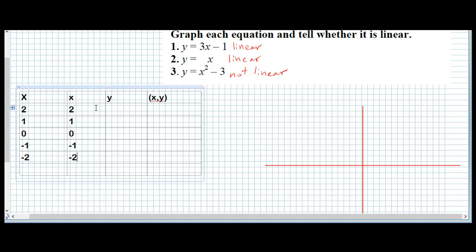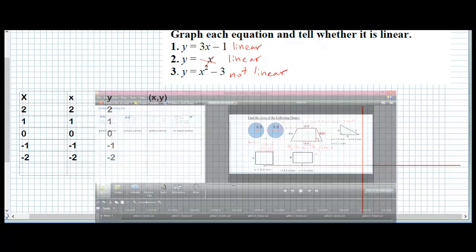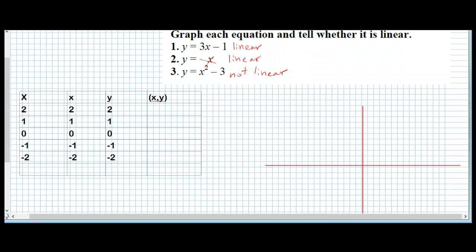When I put 2, the answer will be 2; here the answers are 1, 0, -1, and -2. You understand? Anytime I put any number in place of x, it will give me the same number I put.